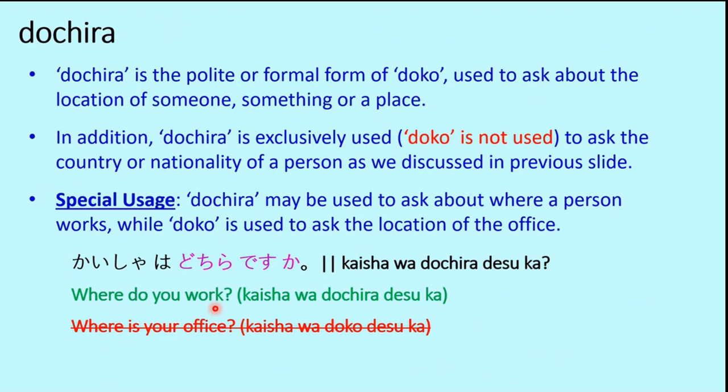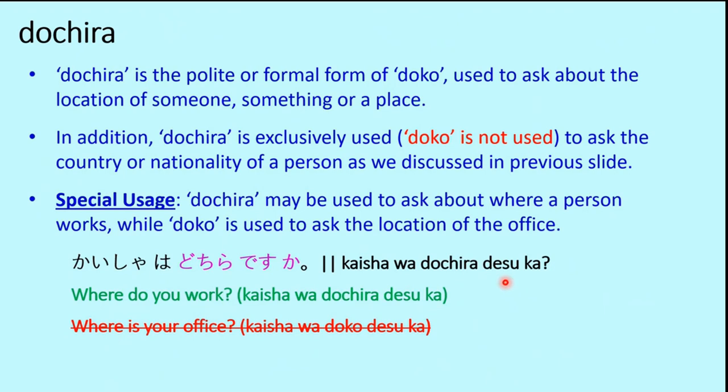It's not asking about the address of the office, that is the location of the office, but the office where you are working. So this should be kept in mind: when we ask someone where he works or what his profession is, we can ask him like this about his office, Kaisha wa dochira desu ka?